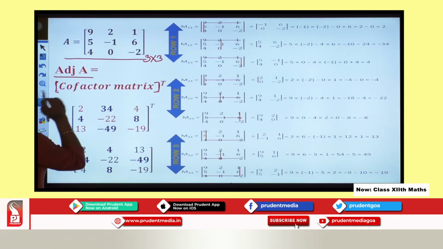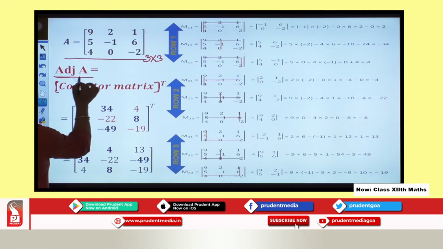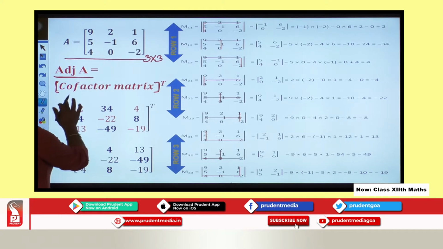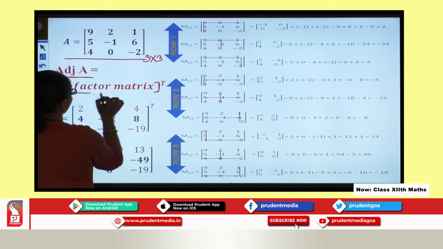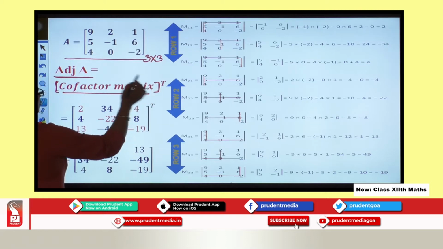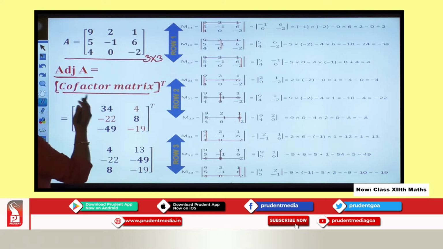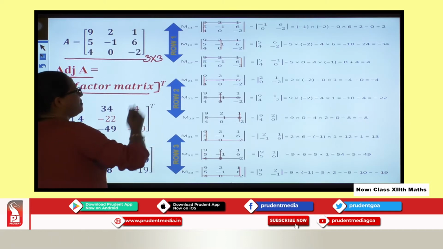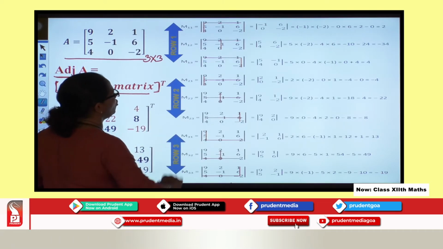So what is the definition, what formula do we use over here? The adjoint of matrix A is the transpose of all cofactors of the given matrix. Now let us look at how you get minors, and from minors how you get cofactors.